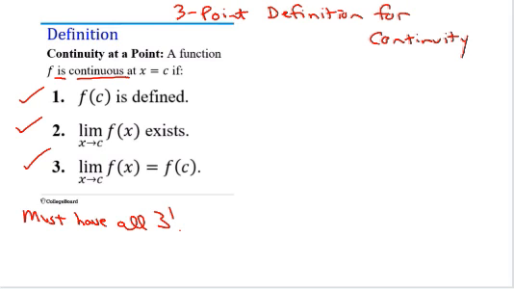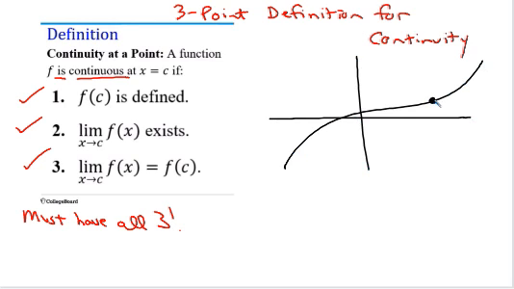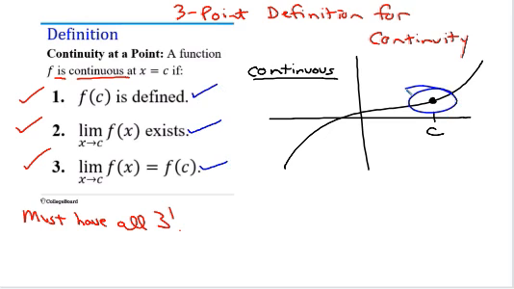So somewhere on this page, we should draw 2 examples. Here's the first one. Here's C. That one is continuous. This one is most definitely continuous, because it meets all 3 criteria. F of C is defined. The limit as x approaches C exists, and the limit is the same thing as the function value there.